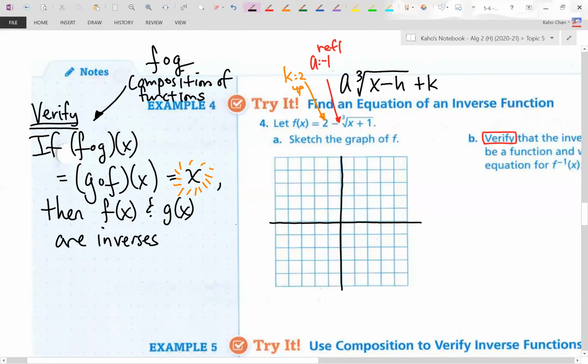That's the verification. That's the checker. Okay? We'll hold off on that for a moment.